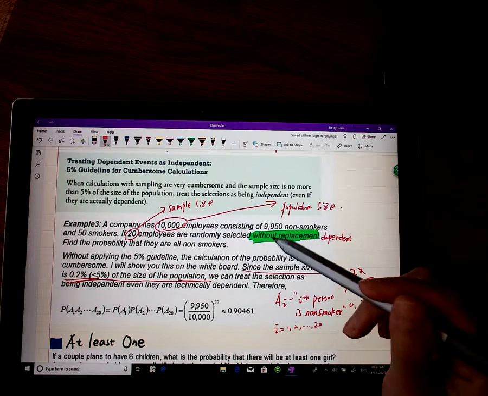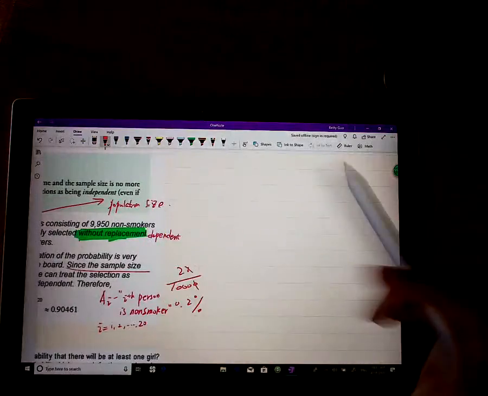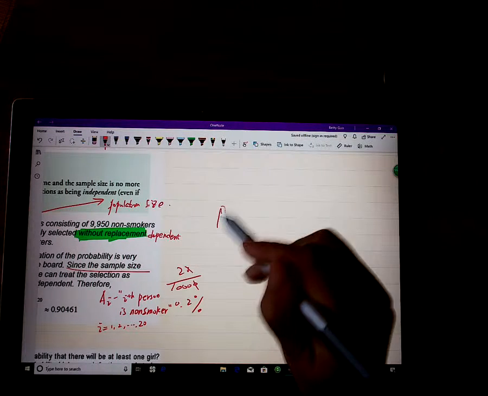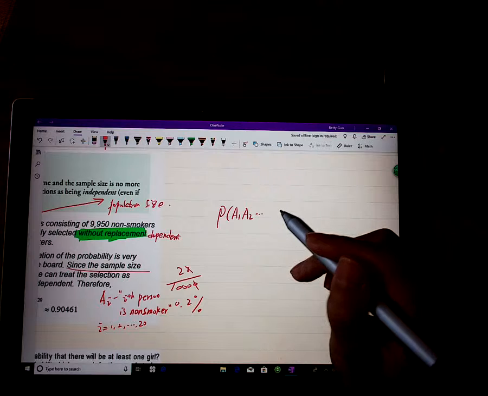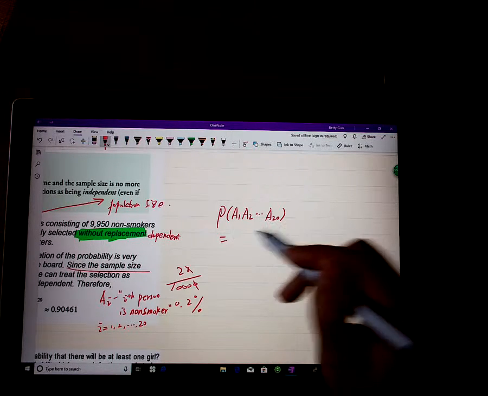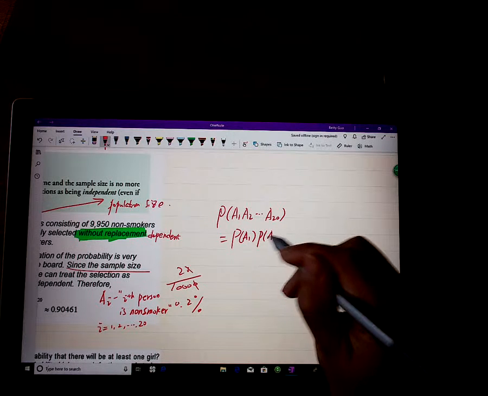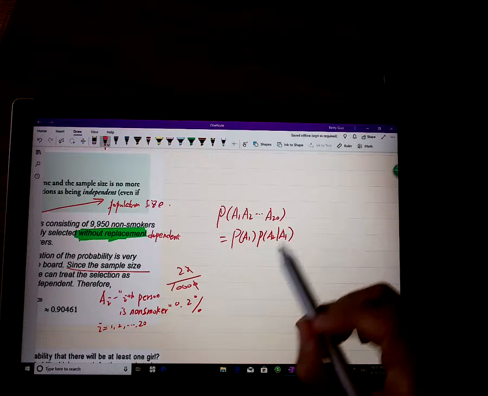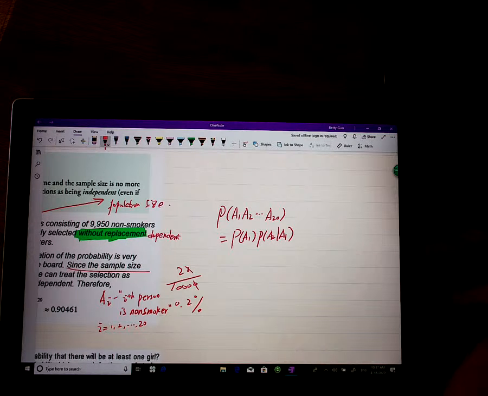If we are using the dependent formula for the multiplication rule, this is how complicated it is. I don't mind spending time. Oh, we're over 20 minutes. I hope we are still okay. The formula is going to be P of A1 times P of A2 given A1, because when you take the second person, the first person is gone, right?